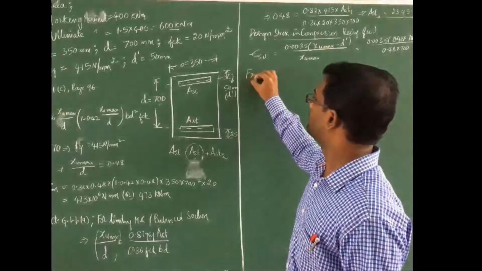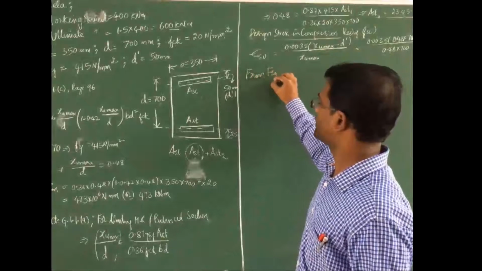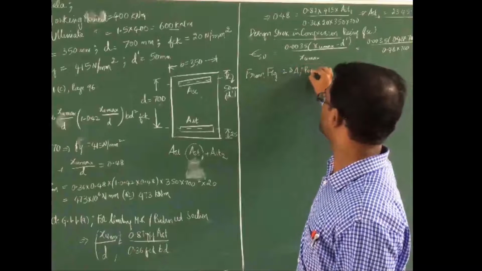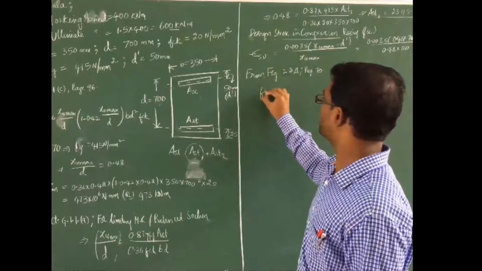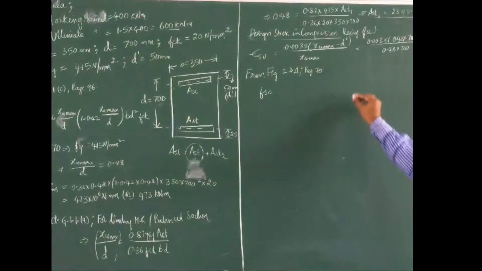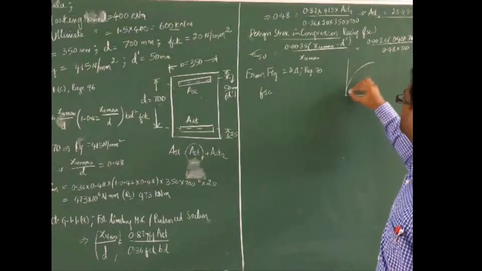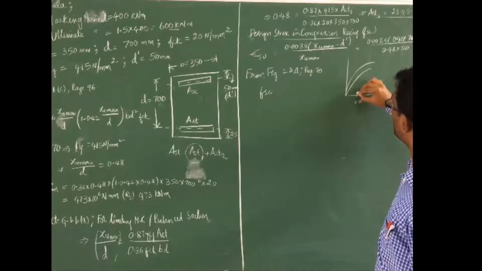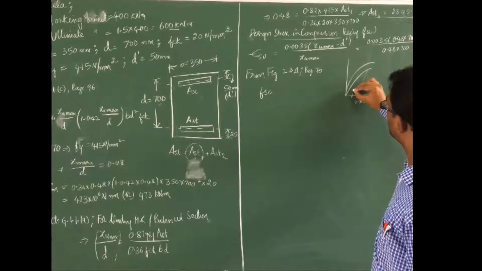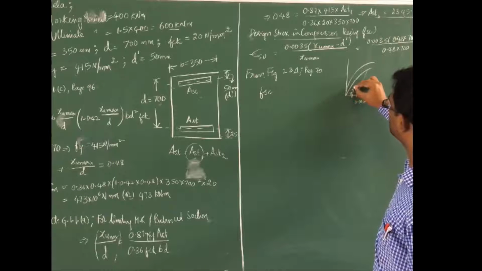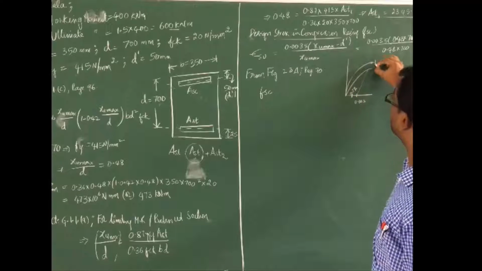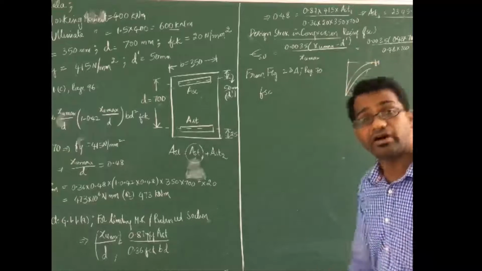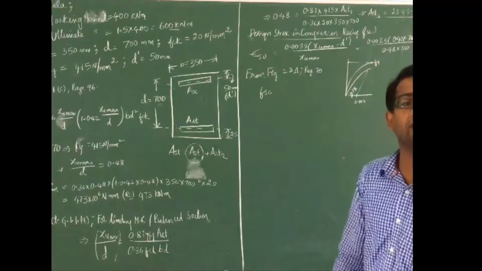Now from figure 23A, which is on page number 70, FSC for this, for example, if you have two curves like this. For 0.003, you need to draw a parallel line to the 0.2% proof strength, which means the Fy curve at a certain point. That point is considered as the working stress in compression.